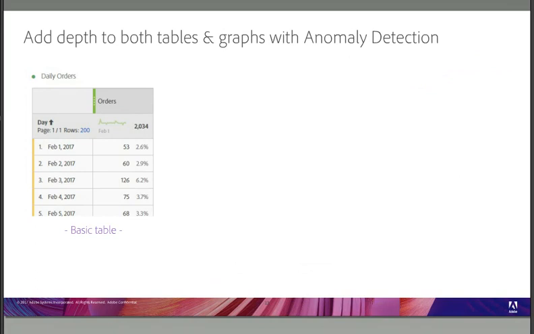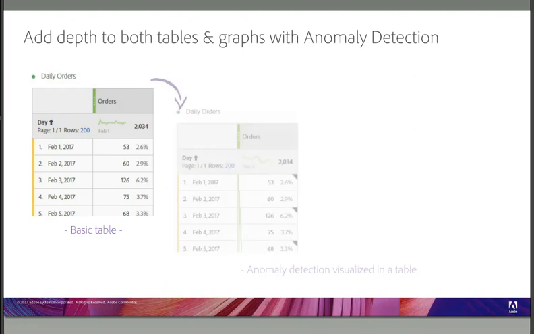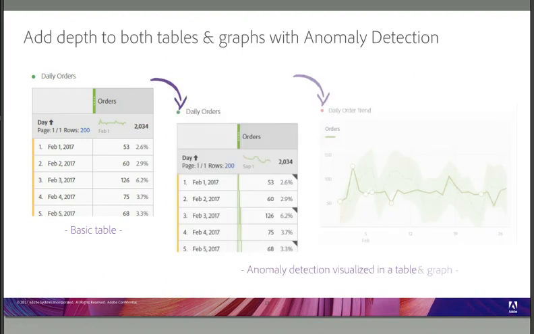Next up, we also want to add some depth to tables and graphs using what we call anomaly detection. We'll be getting into this even more in one of our upcoming webinars, which is really focused on data science, where we're essentially running every single trended metric that you have through our anomaly detection algorithms. So we're trying to predict what that data should be if it's a metric like orders, like we have here, trended over time.